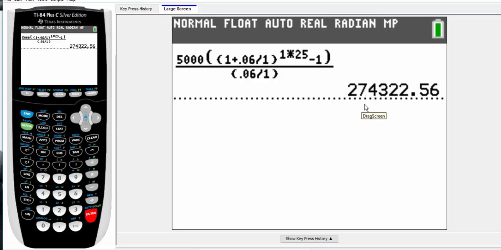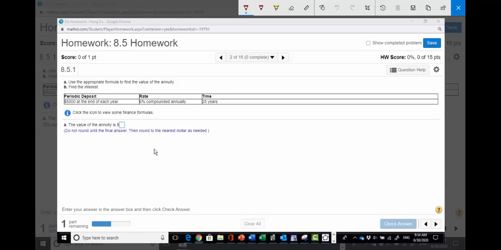As you can see, the calculator gave us the value of the annuity, which is $274,322.56. So from our calculator, we calculated the value of annuity A equals $274,322.56.